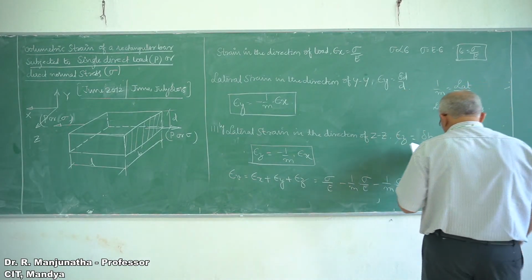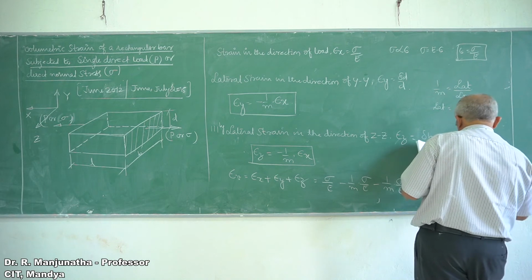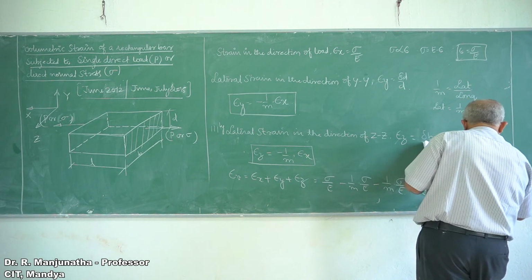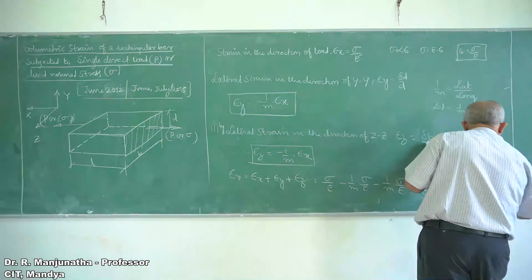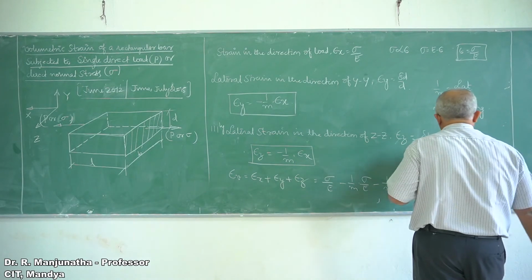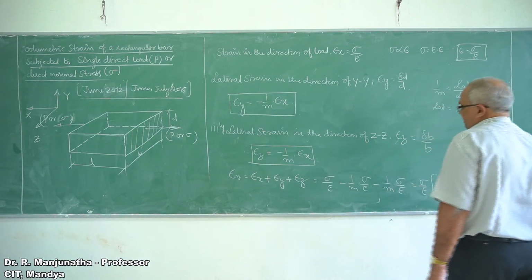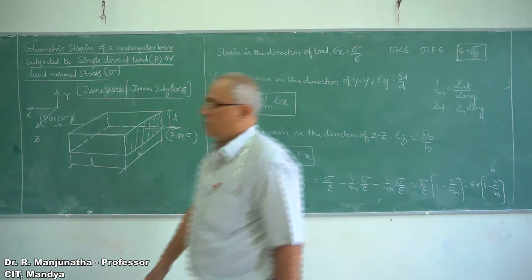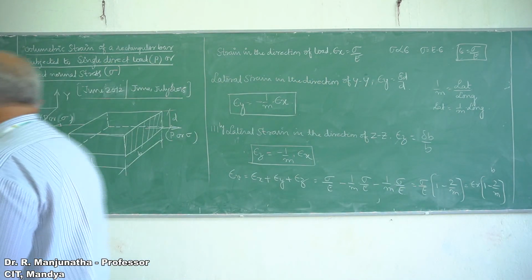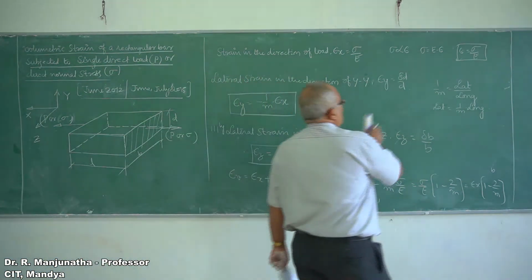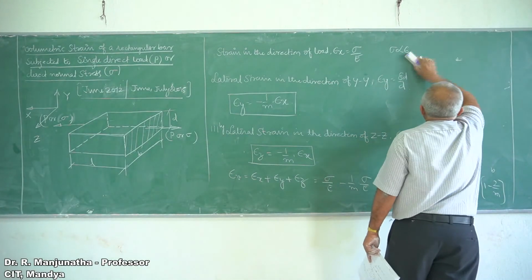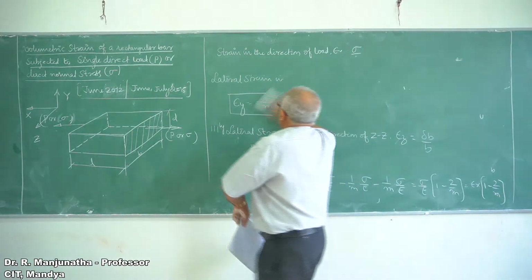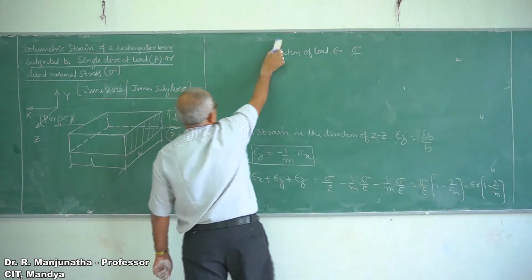That is also equal to epsilon x into 1 minus 2 by m. Again, what is epsilon x? It will be delta L by L into 1 minus 2 by m. So this is going to be the volumetric strain of a rectangular member.